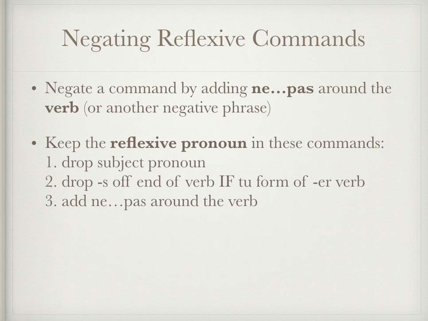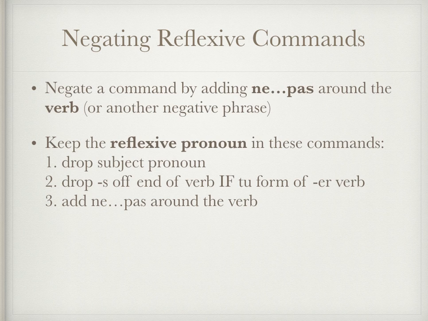With a reflexive command, we're actually going to do the exact same thing. Negating reflexive commands is just like negating non-reflexive commands. The thing that makes negating reflexive commands tricky is that we're going to ignore all of those rules we just learned about forming reflexive commands in the first place.